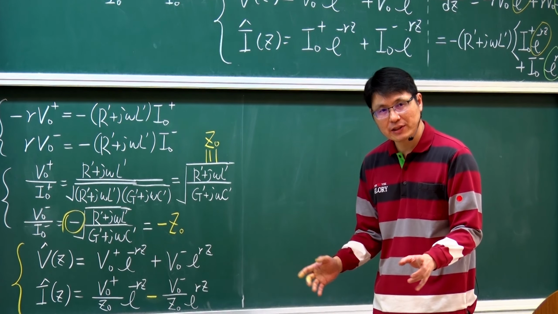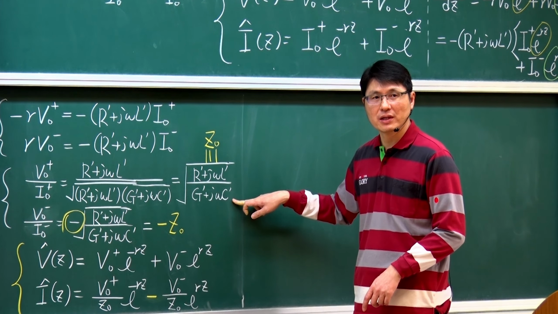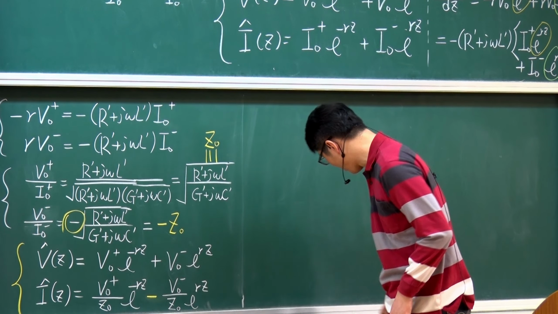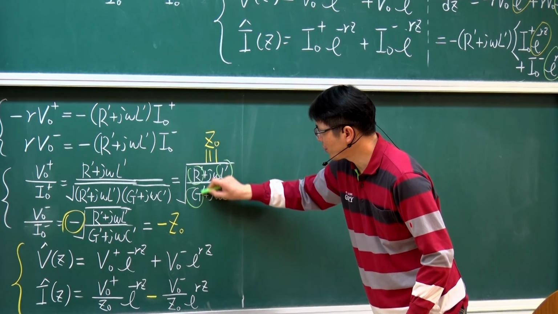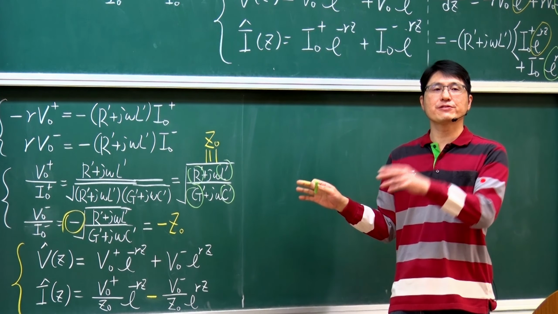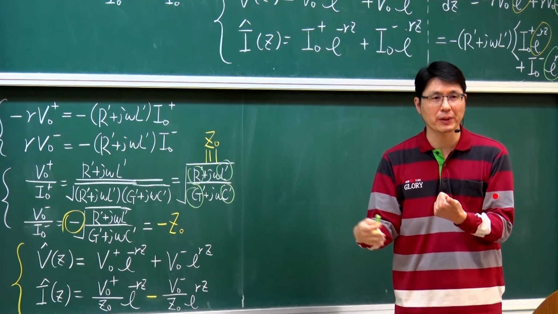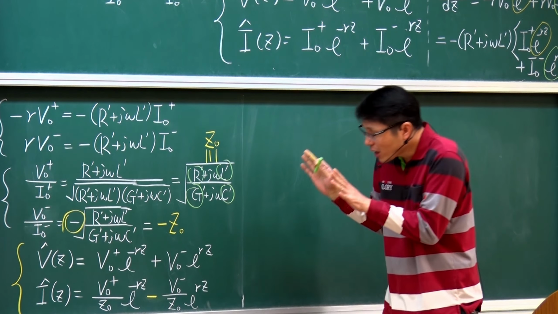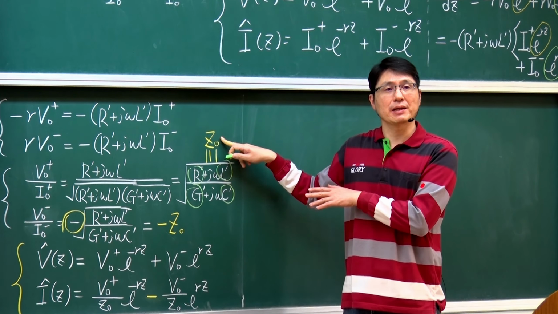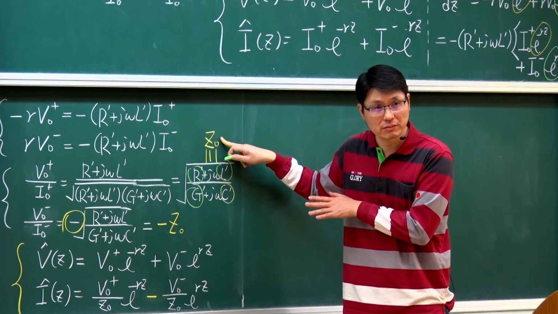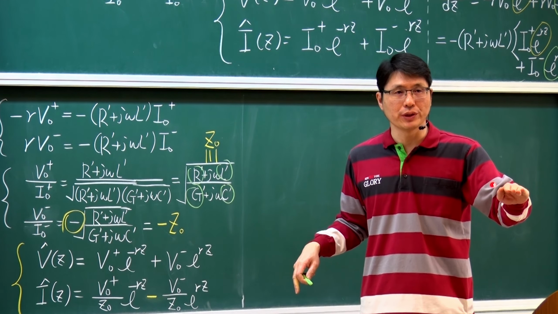For a transmission line, you have to know R prime, L prime, G prime, and C prime. After you know all these four parameters, you know gamma, the complex propagation constant. And also, once you know these four parameters, you know the characteristic impedance. For a given problem, those will be provided for you.